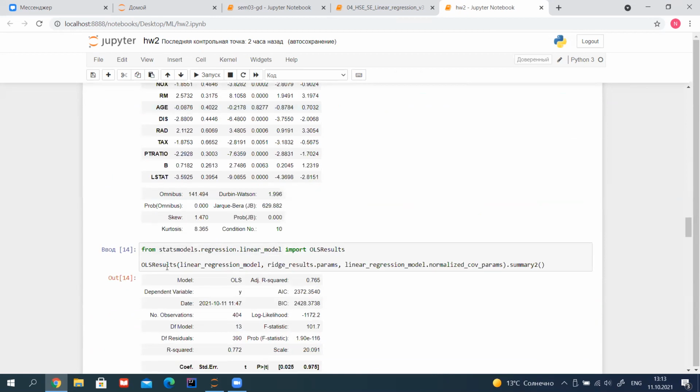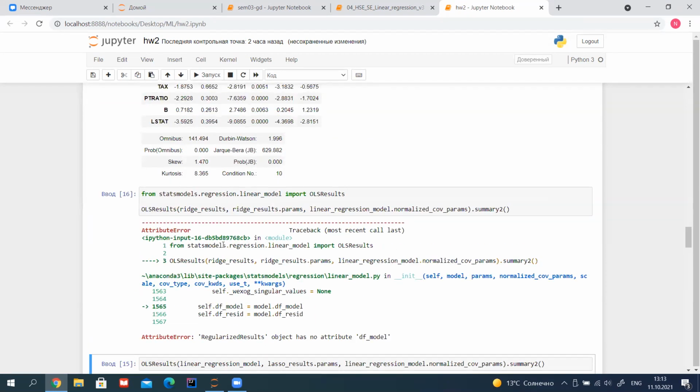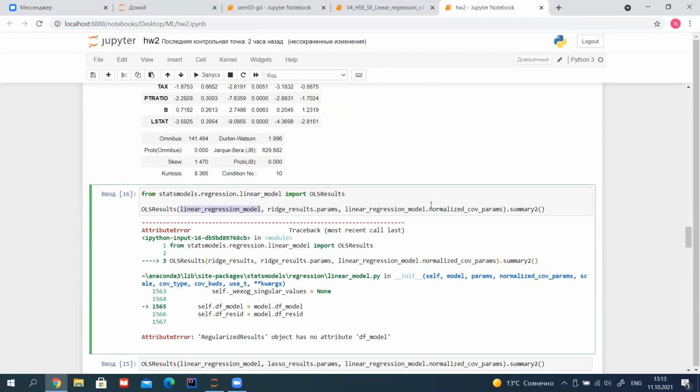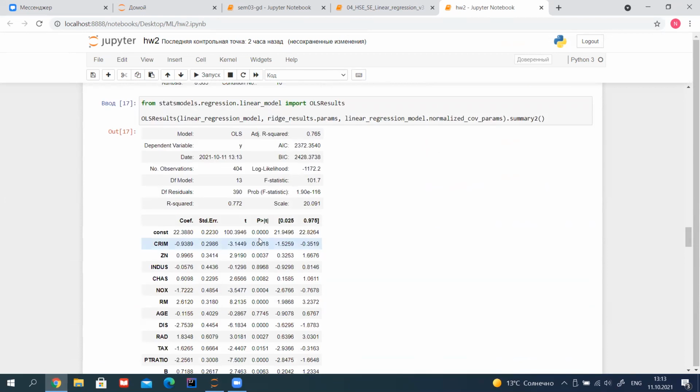So the thing is that I decided to use this class, and in case I try to use it like this, there is an exception. It means that it doesn't fit here. Why is that? Why should I give the original model there? I don't clearly understand that. I guess, as I remember from Stack Overflow, people described how to fix this problem.